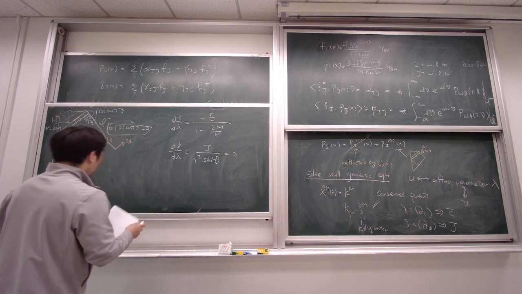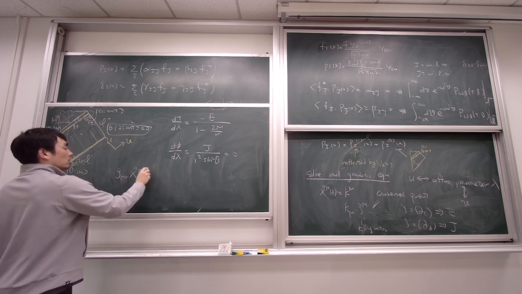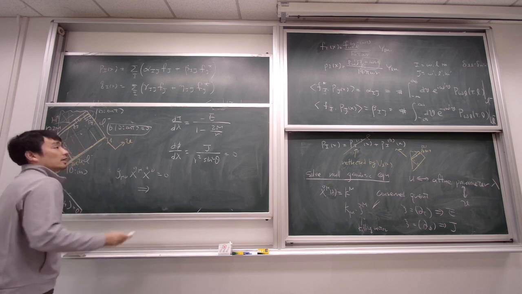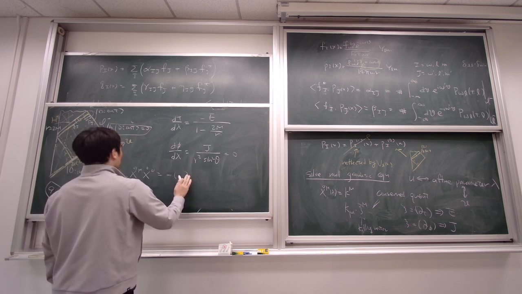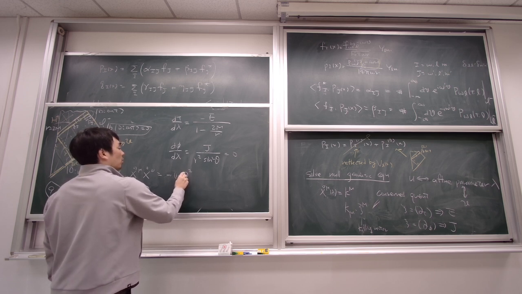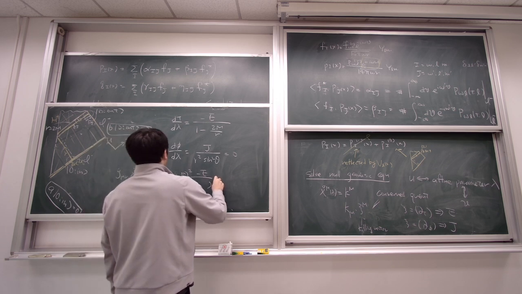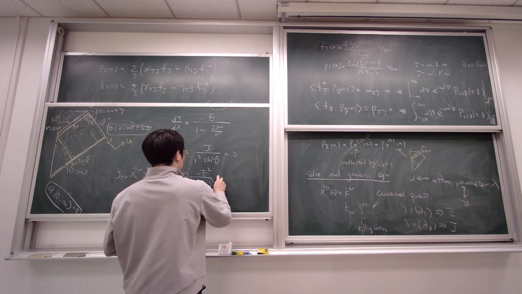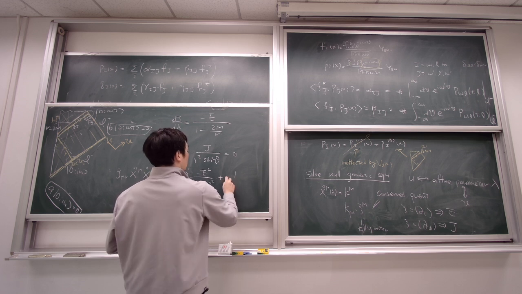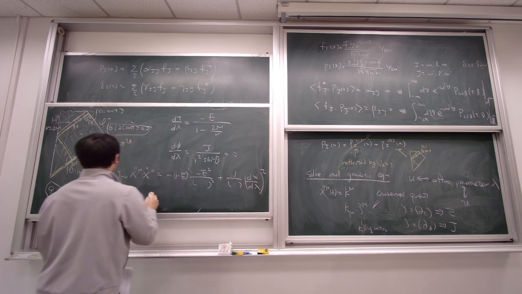Since g mu nu x dot mu x dot nu is equal to 0, this will tell you that minus (1 minus 2m over r) times dt over d lambda squared plus 1 over (1 minus 2m over r) times dr over d lambda squared equals 0.